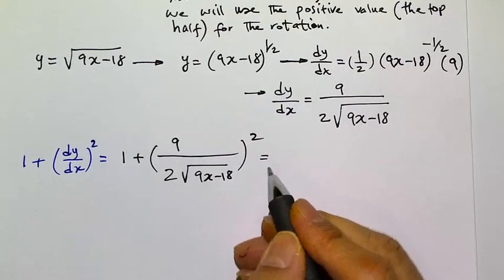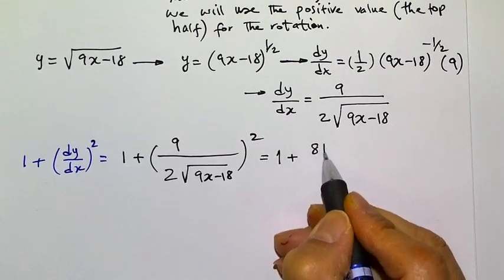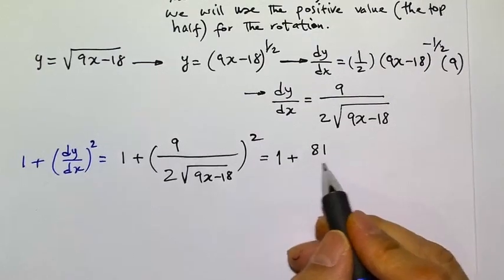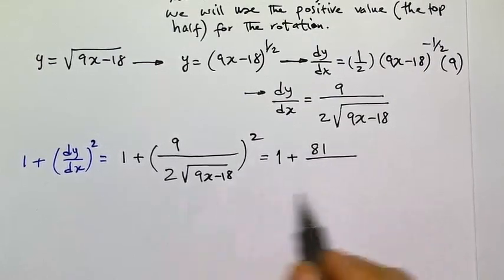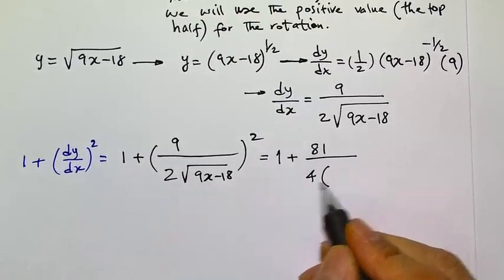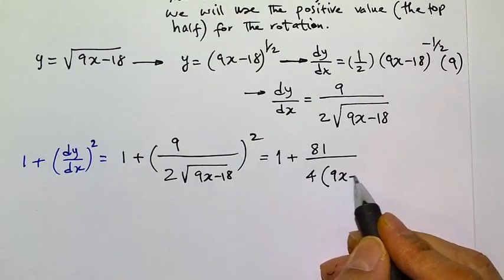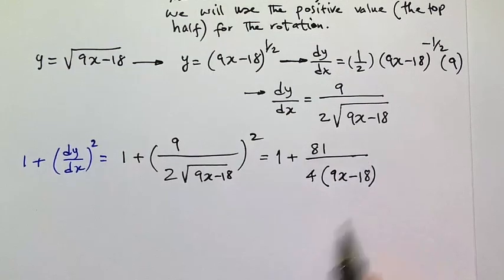We'll get 1 plus 81 over 4, and of course this power and this radical cancel each other out, so we end up with 9x minus 18.